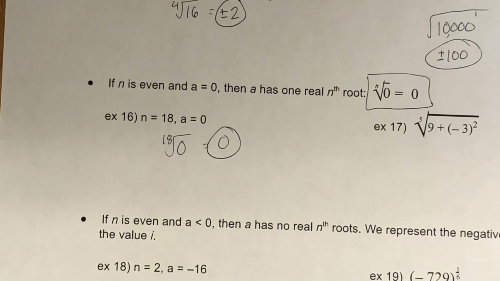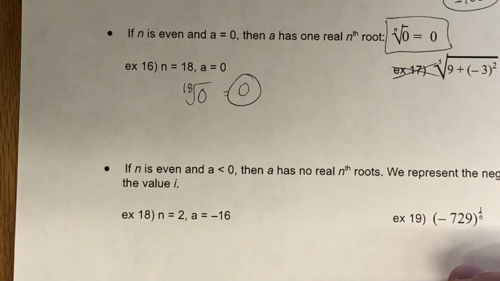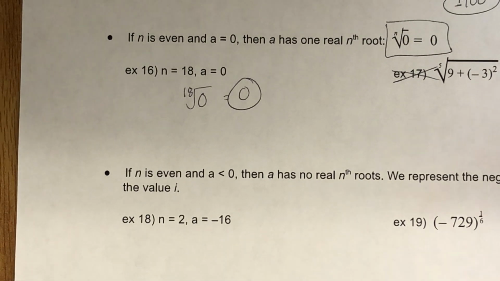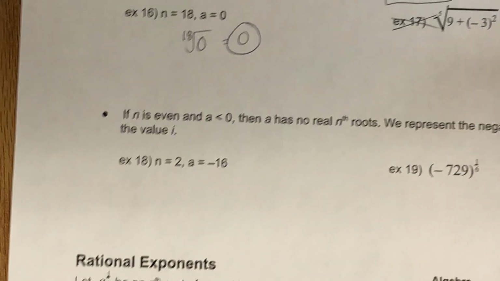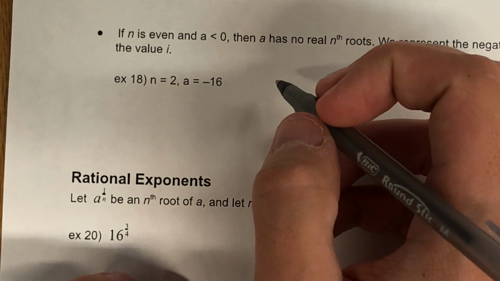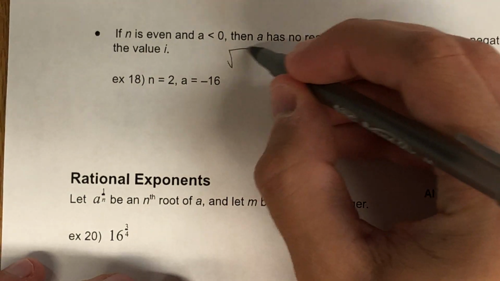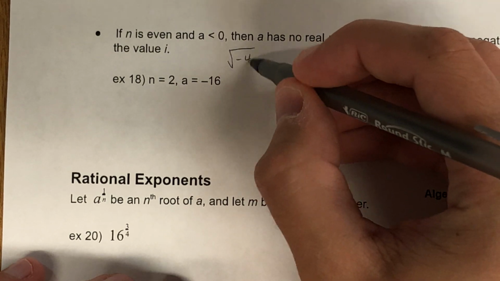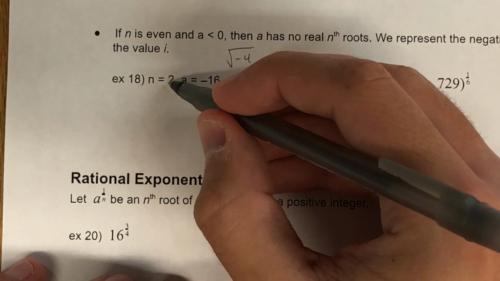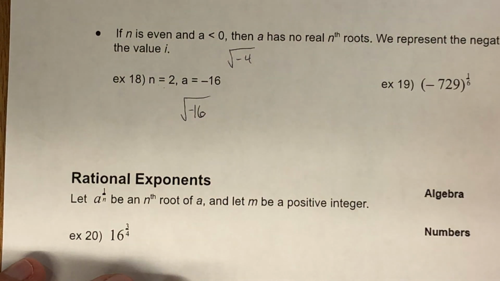There are some cases as well, and we're going to ignore this problem, where your a value, or what you're taking the root of, is less than 0, so it's a negative number. This is like when you have the square root of negative 16. In this case n is 2, so that's a square root of negative 16. This is where we have to use imaginary numbers.